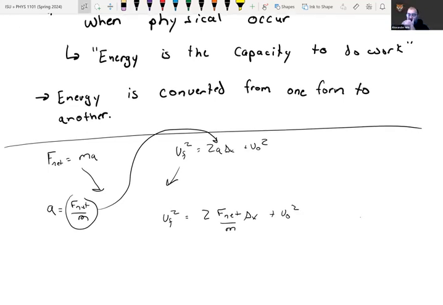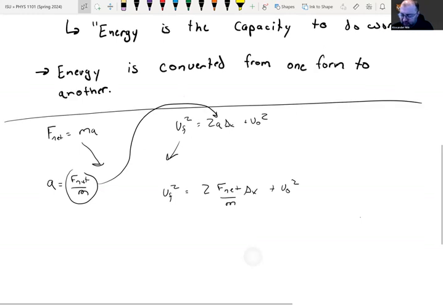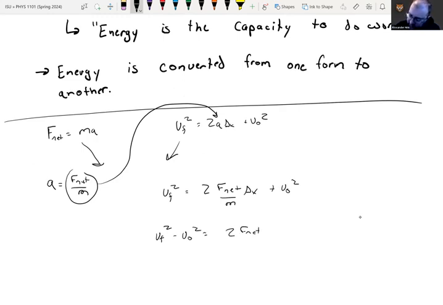Now, it's useful to rearrange this. Generally, what you'll do first is move the v initial over to the other side. So 2 F net delta x over m. And then you'll get the F net delta x term alone.